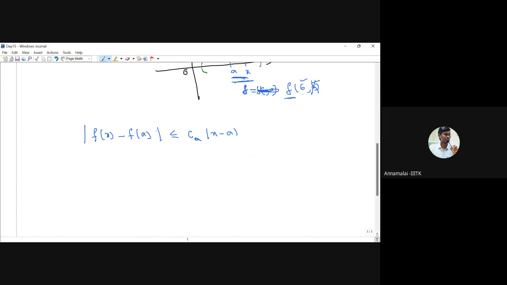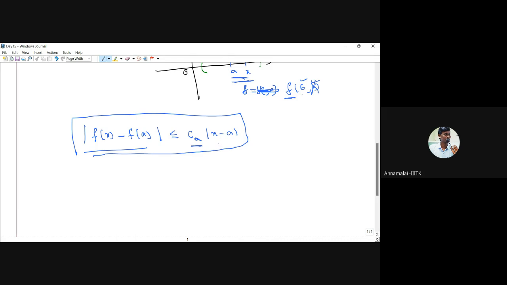So suppose you want to prove f is continuous at a, you try to estimate this as less than or equal to some function of a into modulus of x minus a. So to prove f is continuous, we have to estimate modulus of x minus a into some function of a. Okay, that is our aim.